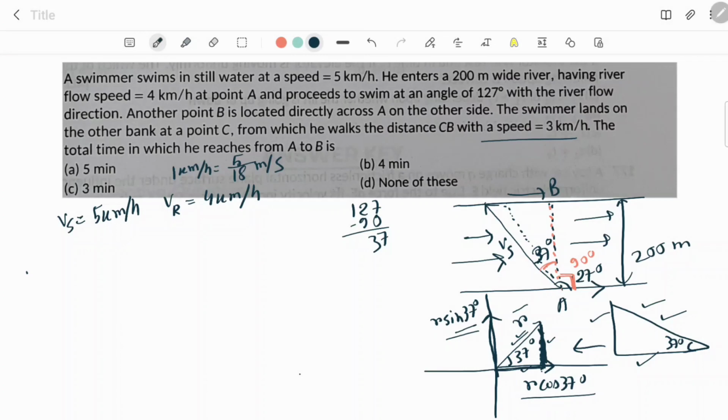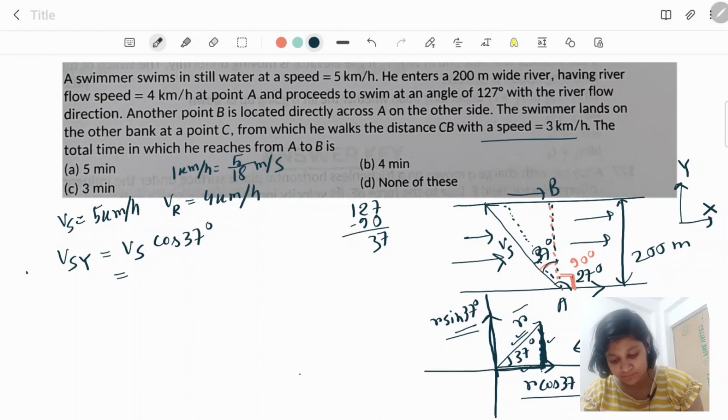Therefore this part comes out as r cos 37 degrees. So for the velocity of the swimmer, let us take this as the y-axis and this as the x-axis. Along the y direction the velocity of the swimmer is Vs cos 37 degrees.